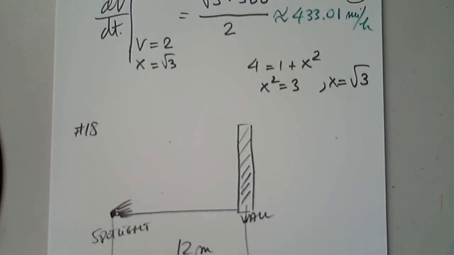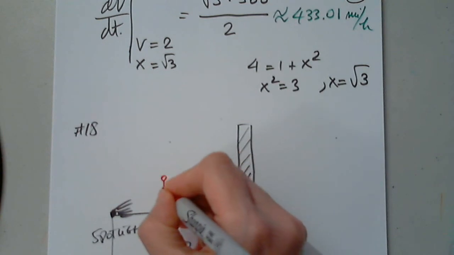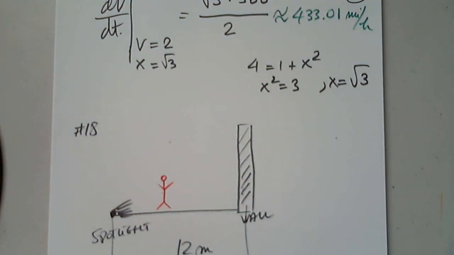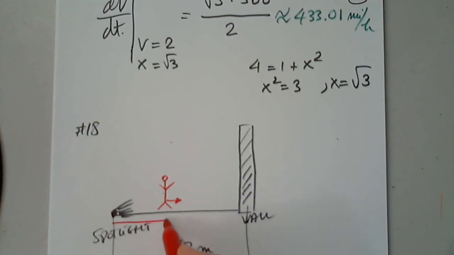Okay, let's continue. If a man 2 meters tall walks from the spotlight toward the building, leave it alone for a moment. Forgive me, I cannot draw a person. So the person moves from the spotlight towards the wall. The person covers this distance, let's call it x.